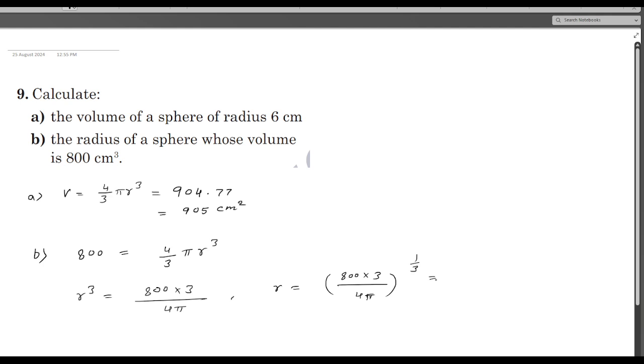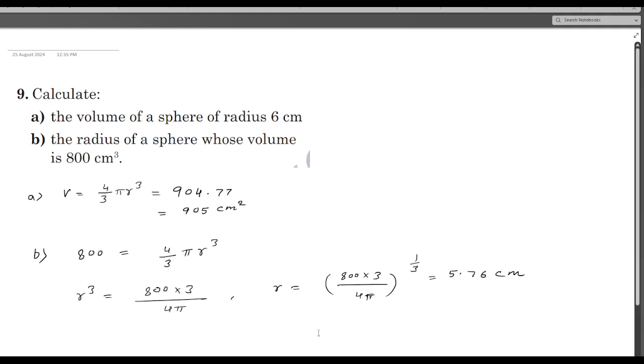That gives 5.758, so 5.76 centimeter is your radius. So volume is 905 and radius is 5.76.